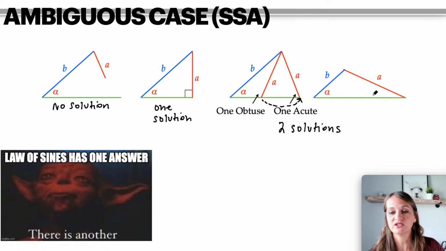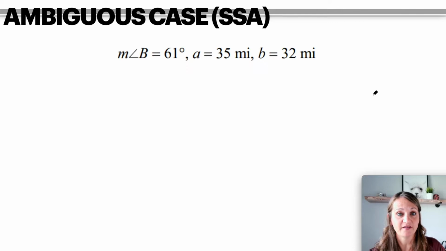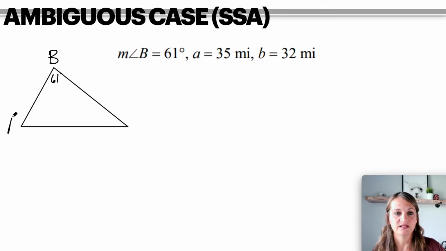So here's how you determine how many answers you could possibly have. For example, we have a situation. I'm going to create a triangle. Let's let this be B. This is 61 degrees. Let's let this be angle A, which means little a is 35 and little b is 32.